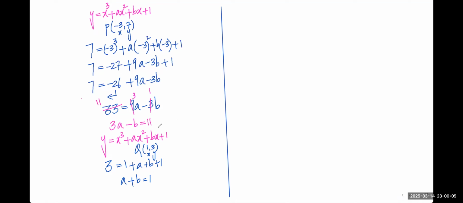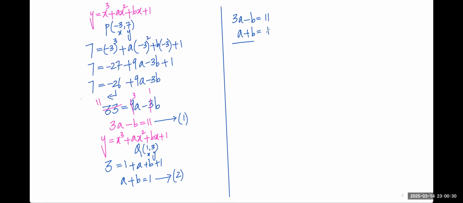We are going to solve equation number 1 and equation number 2 to get the values of a and b. We have to show that a is 3 and b is -2. Look at that: 3a minus b is equal to 11, and a plus b is equal to 1.